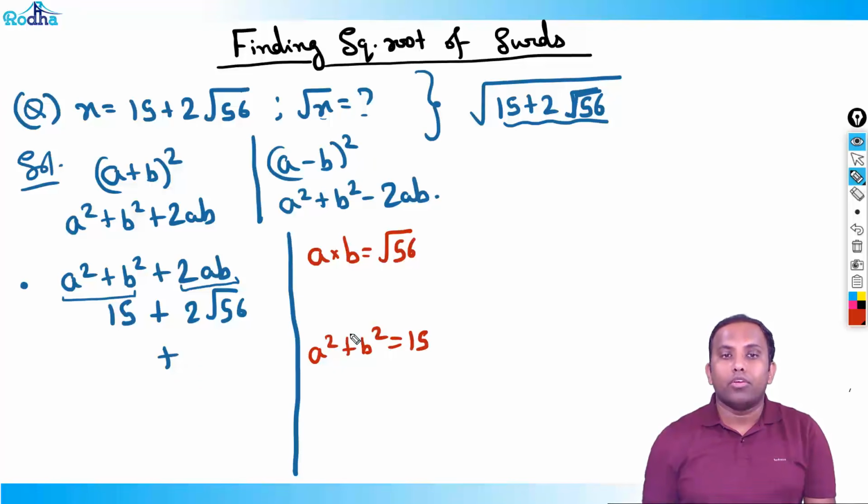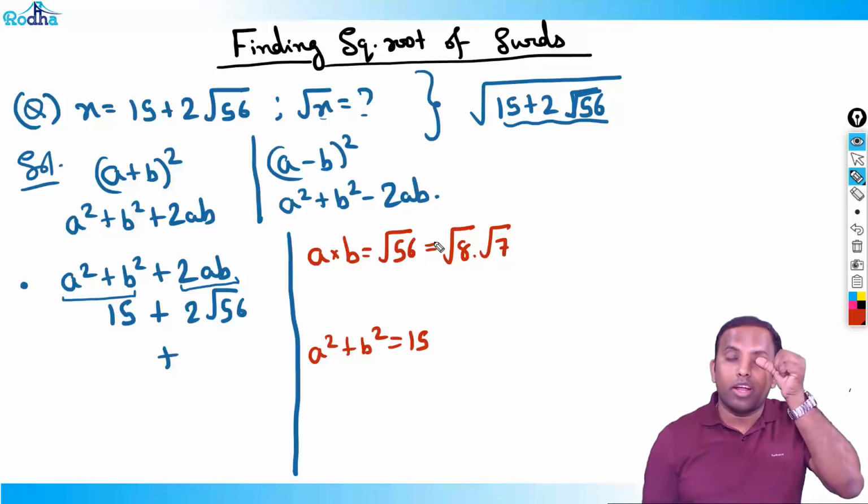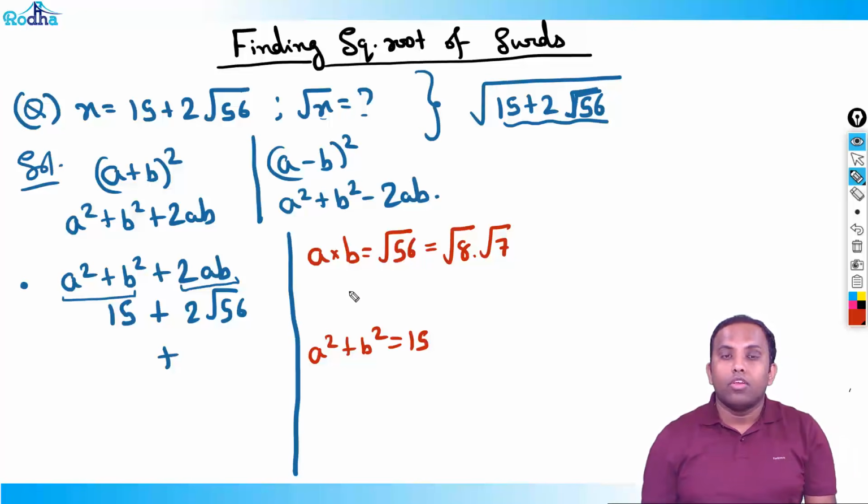How to break the value? If a into b is root 56, with a bit of hit and trial you'll get the values as root 8 and root 7. Right now keep it to hit and trial. I'll tell you how to do it faster. Just understand the concept first. So a into b is root 56, that is root 8 into root 7.